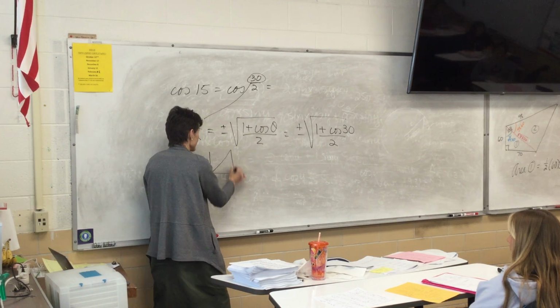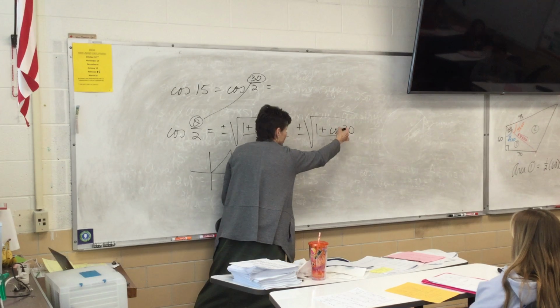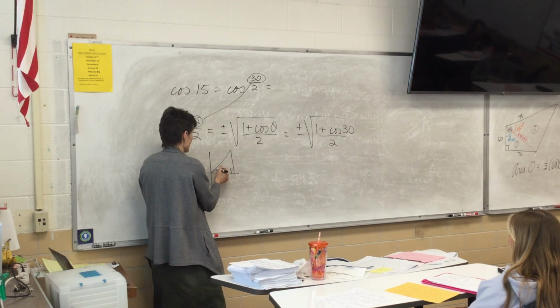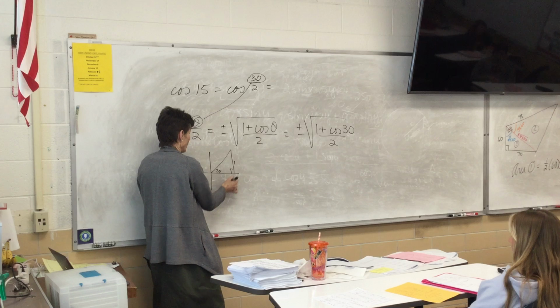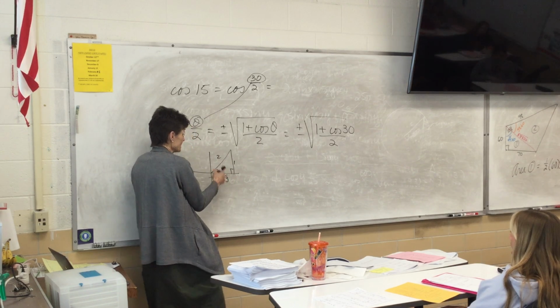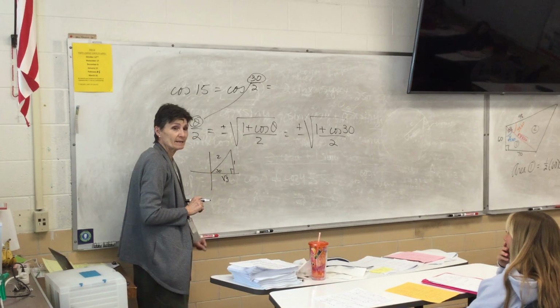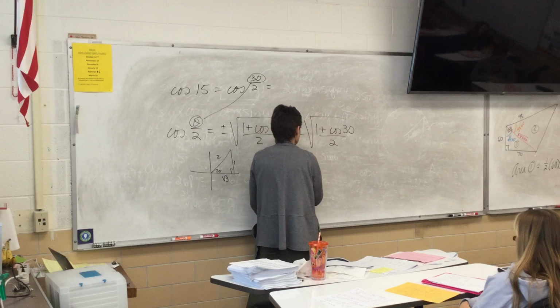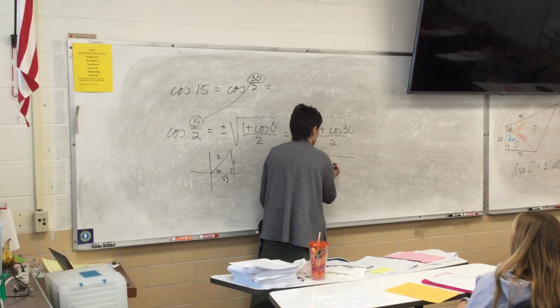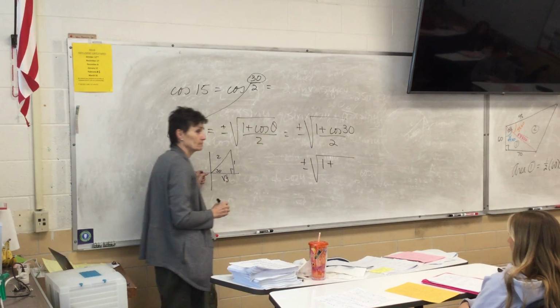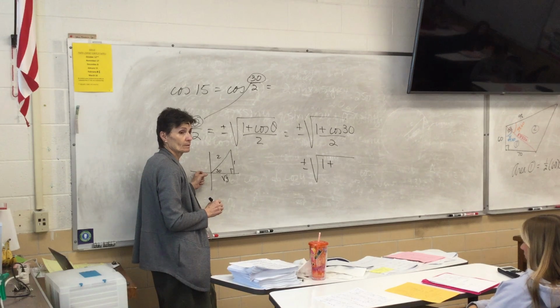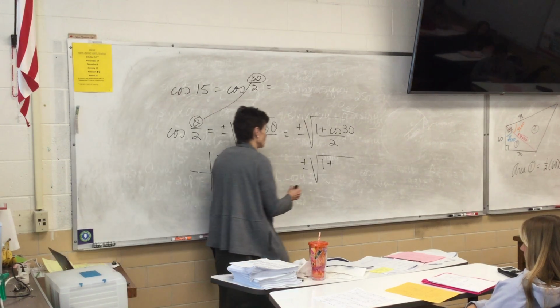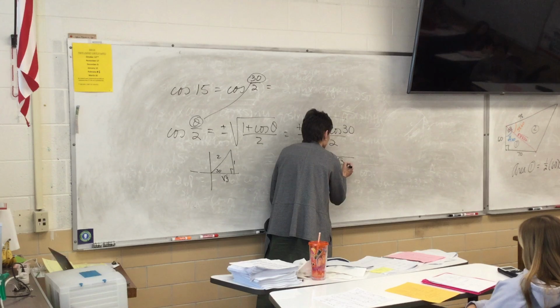The cosine of 30, I need to put a number in there. So if that's 30, that's 1, 2, root 3. And it's in quadrant 1, so I don't need to worry about any negatives. So what's the cosine of 30? Root 3 over 2.